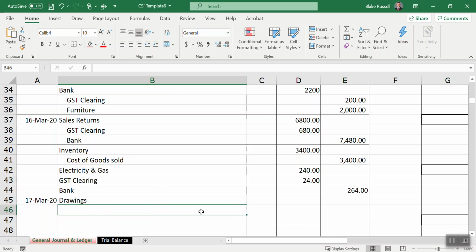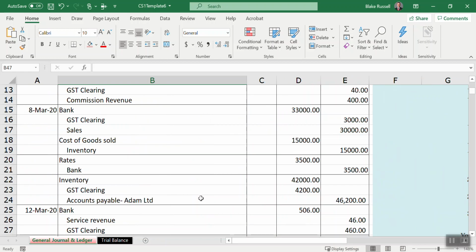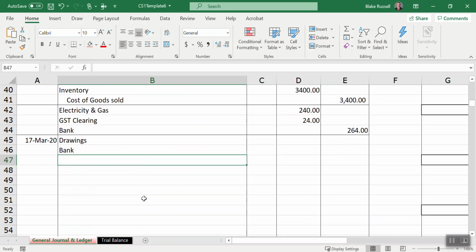Okay, bank, $1,500. Inventory's worth, okay, so yeah, 1,100. So we have to do a few little.